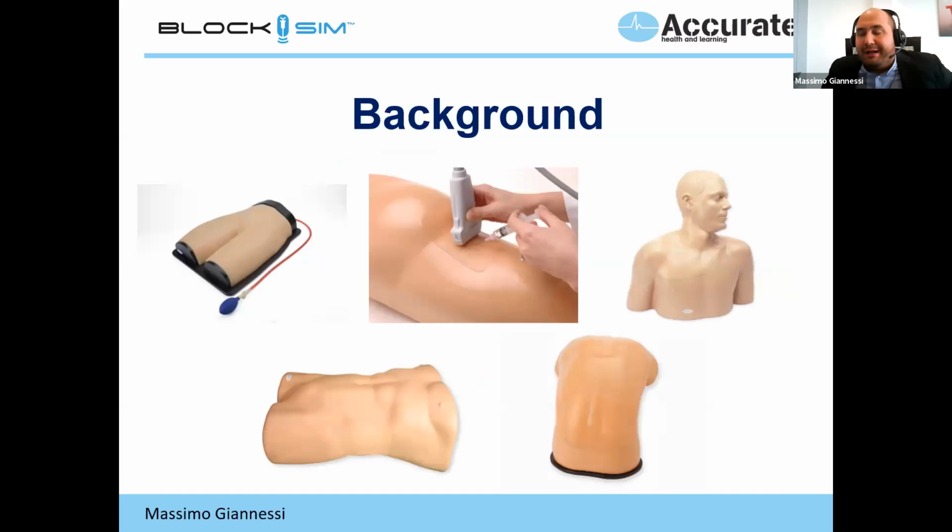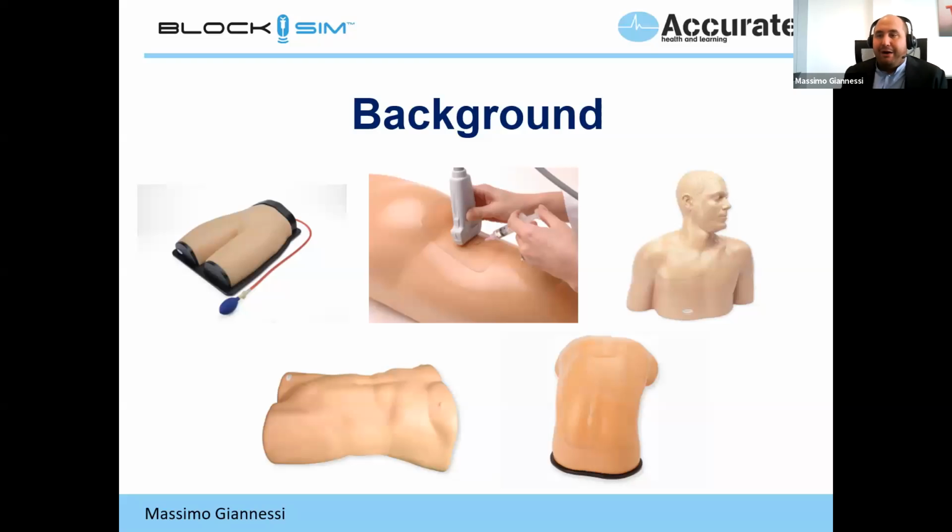So we started looking at the market and the background. And as some of you know very well, on the market for regional anesthesia we have only some CAE/Blue Phantom products that allow the user to inject liquid in a particular part of the trainer, and with a real ultrasound machine, you can see the injection and the point where they injected. By the way, I want to underline some points. First of all, these mannequins are only for nerve blocks, okay?